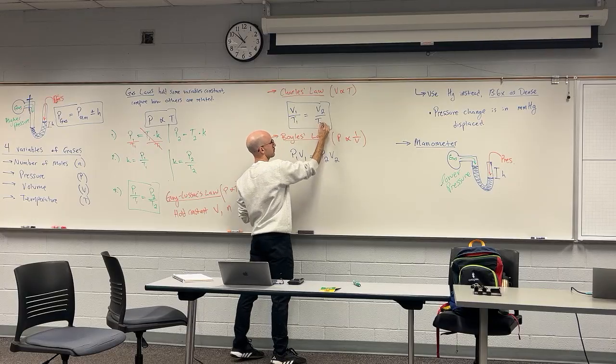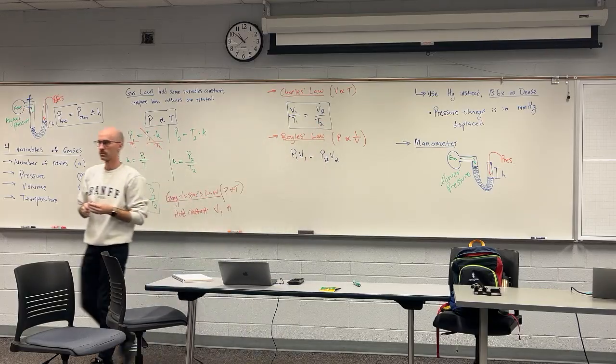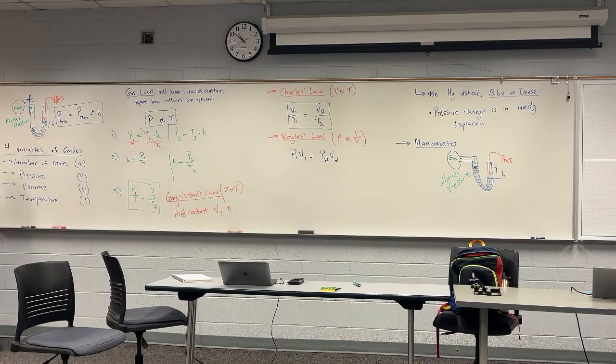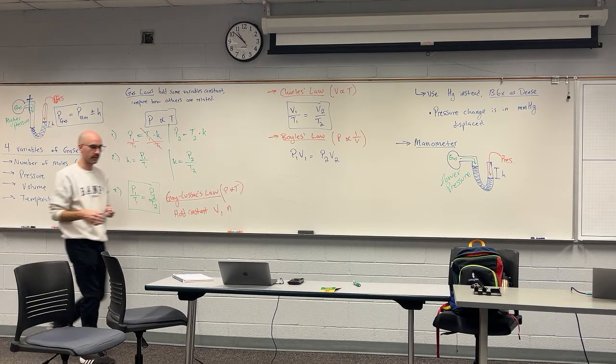Do you see the difference in how the gas law is written when the variables are proportional versus when they are inversely proportional? We multiply them instead of dividing them.